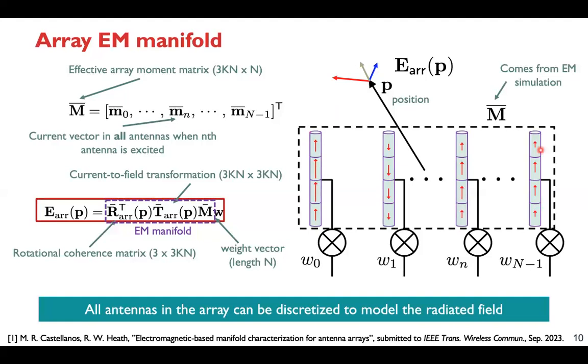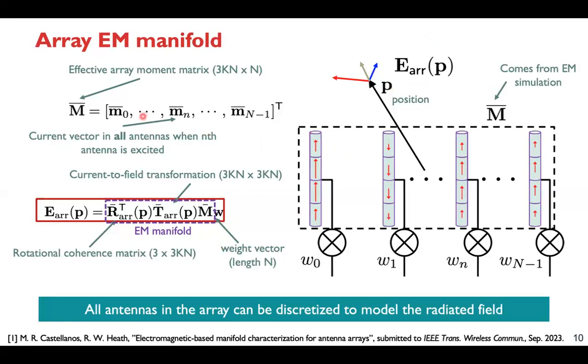Now, the two steps needed to measure this radiated field are: one, we need to know the current distribution on the array, and two, we need to convert that current distribution to the electric field. In order to obtain the current distribution on the array, we would obtain some measurements from electromagnetic simulations and then weight them appropriately by the weight vector.